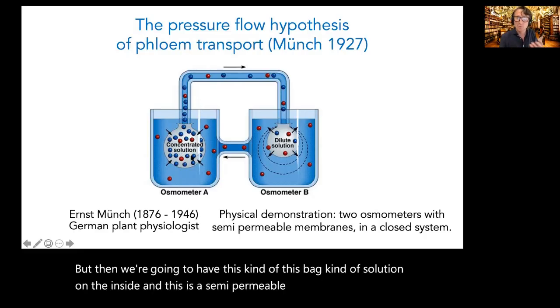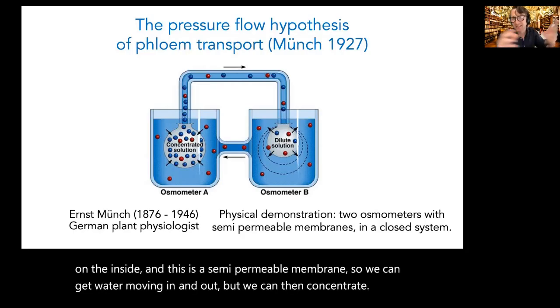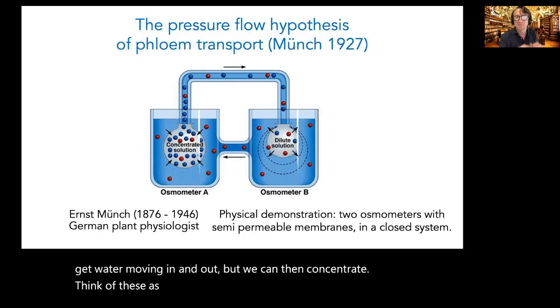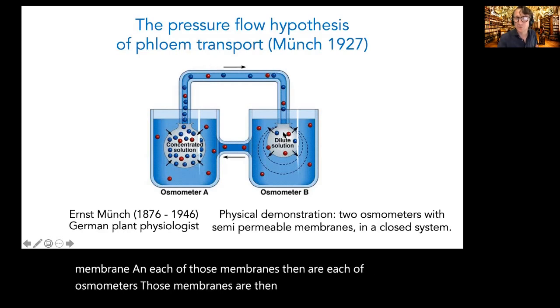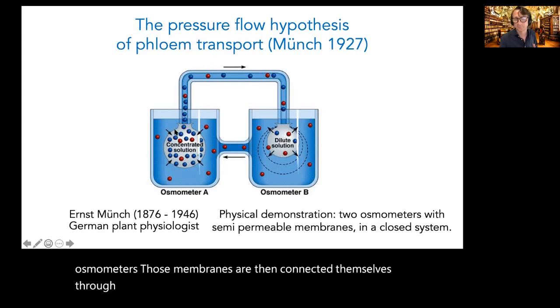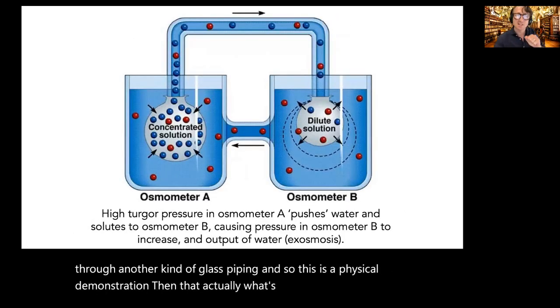So we can get water moving in and out, but we can then concentrate. Think of these as independent cells, but this is a semi-permeable membrane. Each of those membranes in each of the osmometers are then connected themselves through another glass piping. And this is a physical demonstration of what's actually happening. So imagine osmometer A right here.